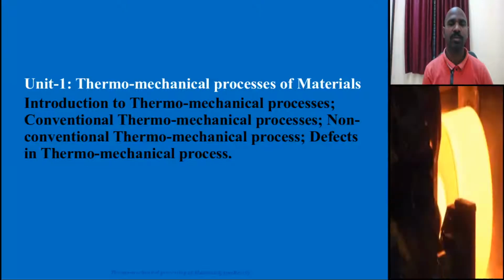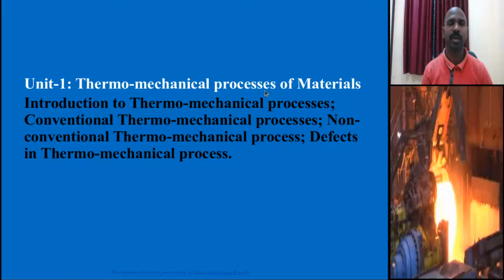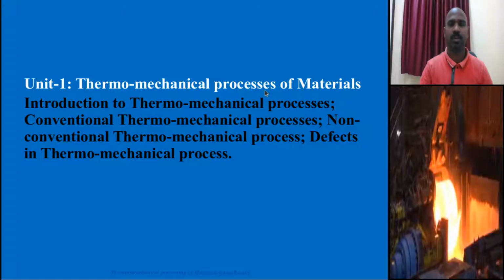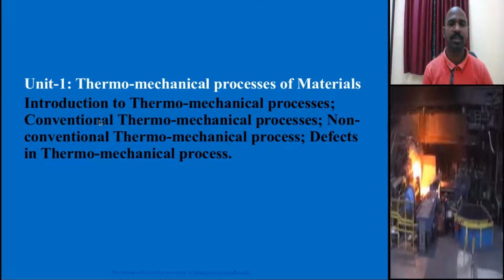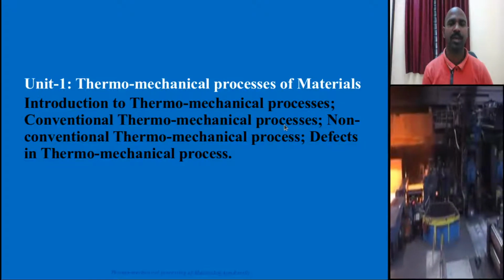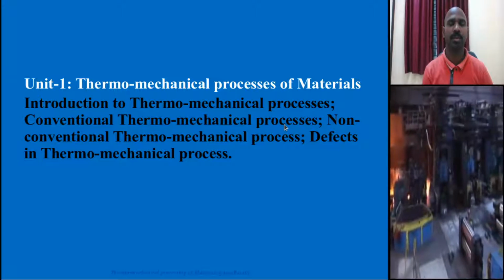So let me start Unit 1. Unit 1 is composed of thermomechanical processes of materials, and it includes the introduction to thermomechanical processes and conventional thermomechanical processes, such as hot rolling, hot extrusion and hot forging.